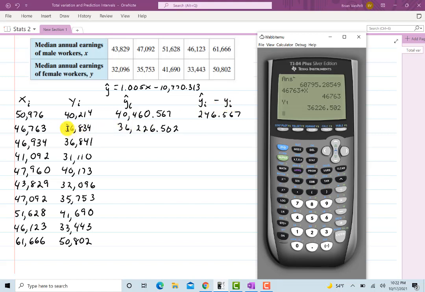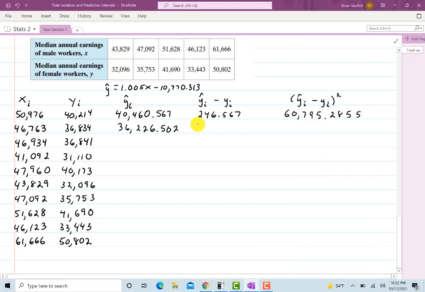So I'm going to subtract the 36,834. So minus 36834. Here I get negative 607.498. And then press the square button.